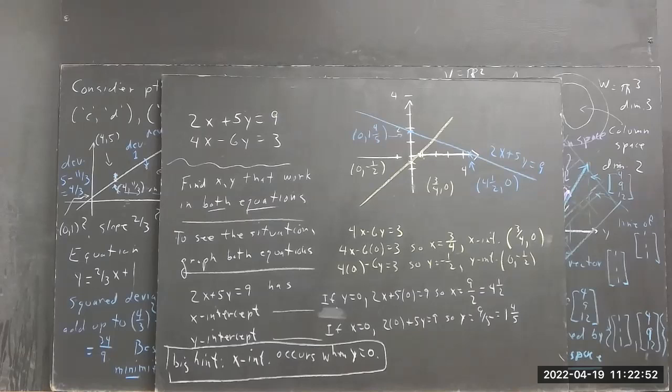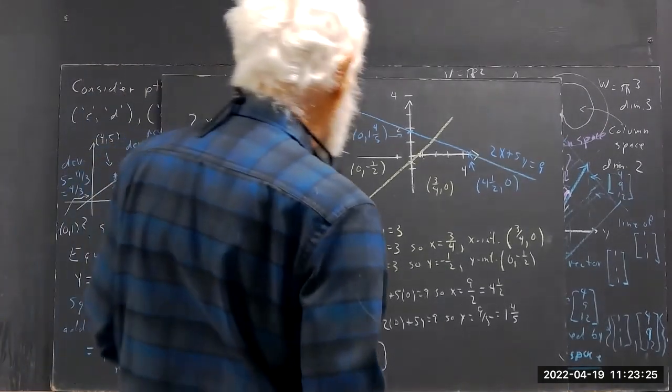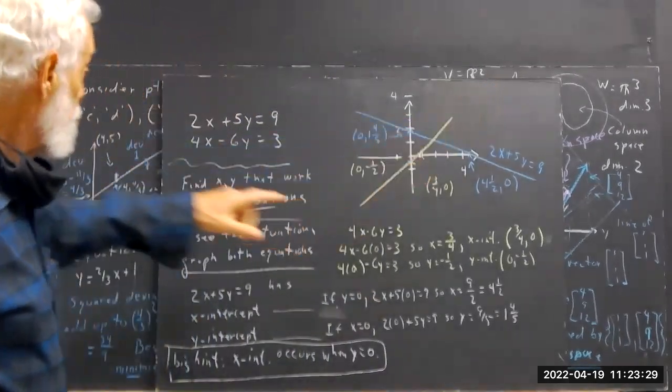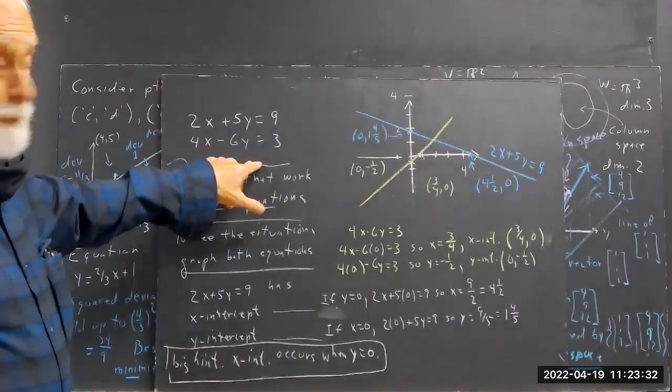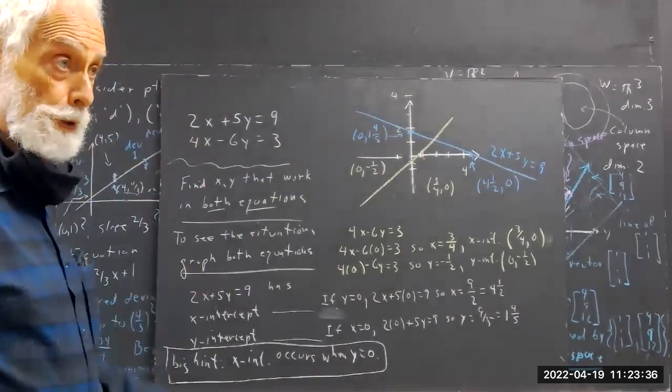Now, what are the coordinates of that point? Okay, so the situation then is this line represents all the points that satisfy this equation. And this line represents all the points that satisfy this equation.